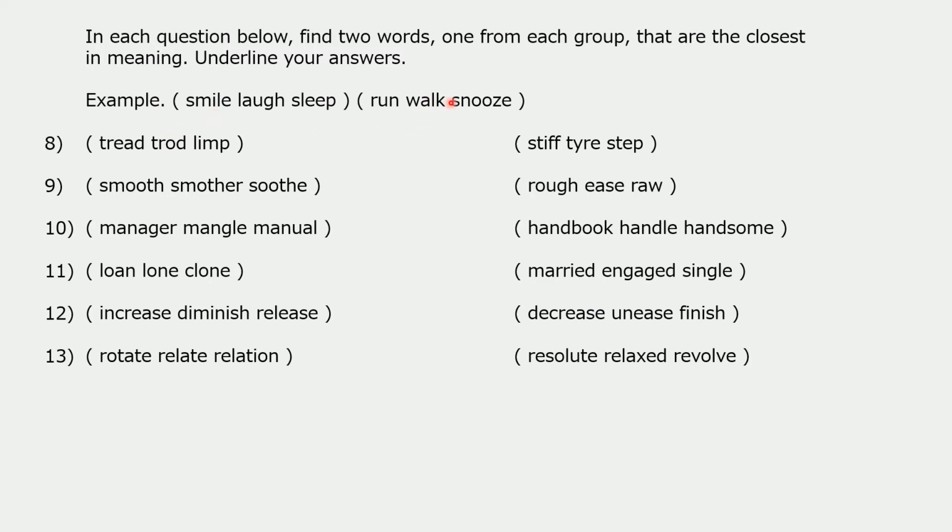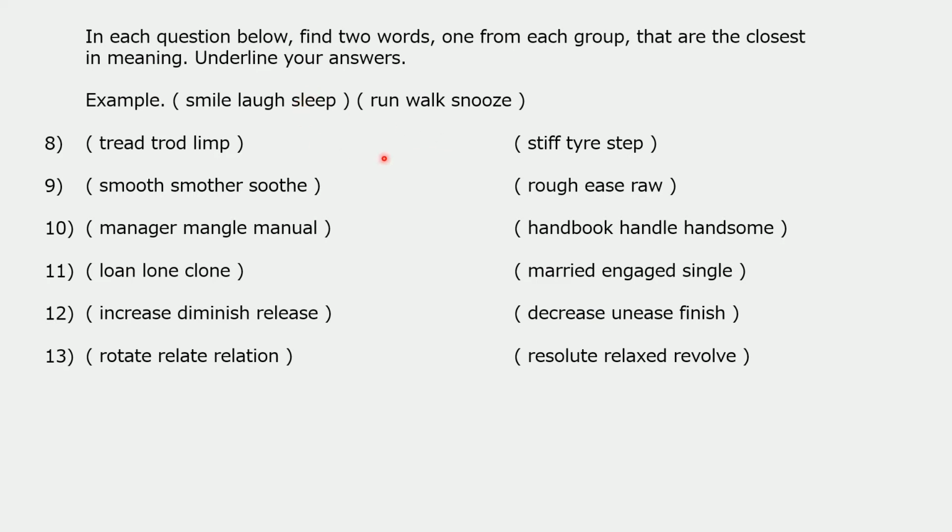Now, we think, let us just first work out the example to find out whether we are correct in what we think it is. So we have to find out which two words, one in each group, are the same.